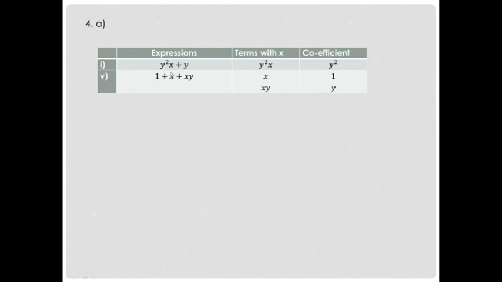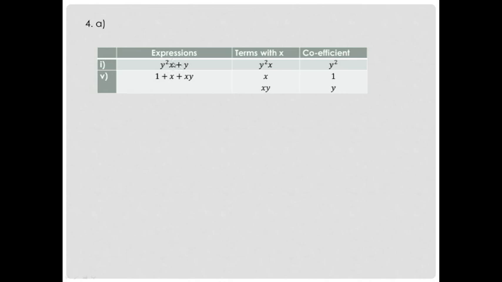Here we have question 4a. We have been asked to find out the expression terms which have x with it. Terms with x we are going to find out. Here in question number 1 we have two terms, that means y square x plus another term y.